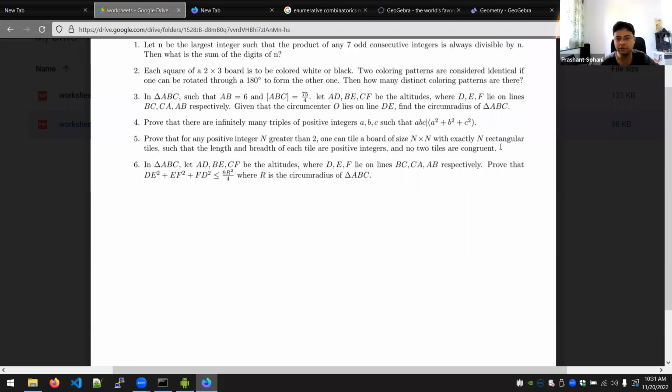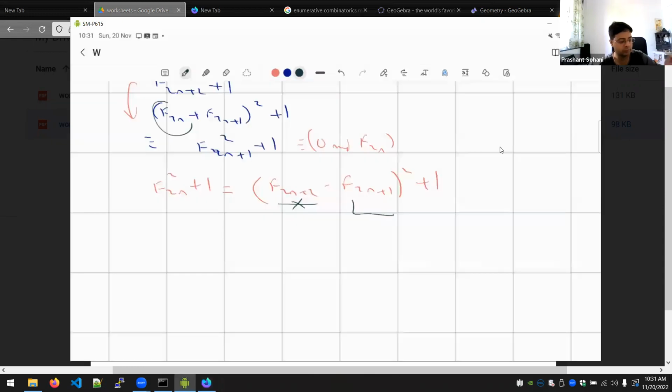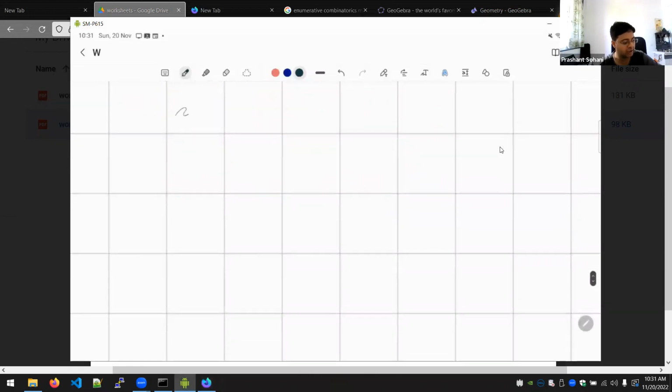Because clearly you will realize that going from n to n plus 1 is very hard to do inductively, because if you already have an n cross n board tiled, right? Okay. And now you are going to construct an n plus 1 cross n plus 1 board tile. So as such, to the existing construction that you have of n tiles, you are allowed to add only one more rectangular tile, but there is no rectangular tile which will cover exactly this area.